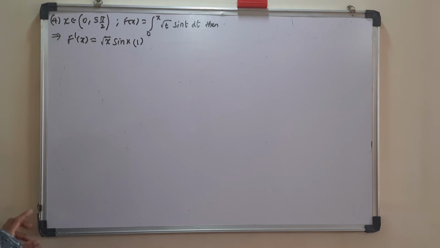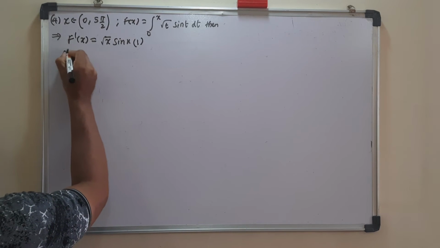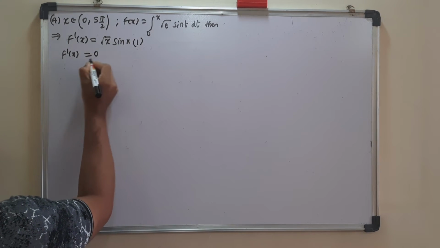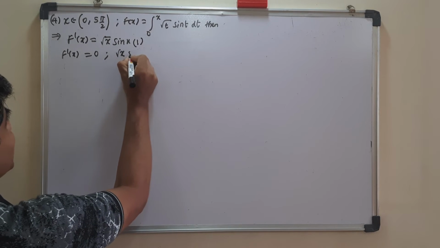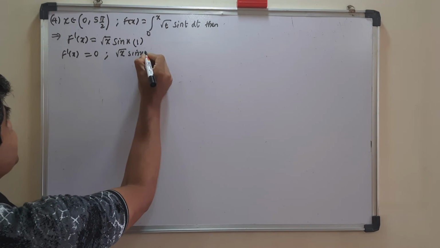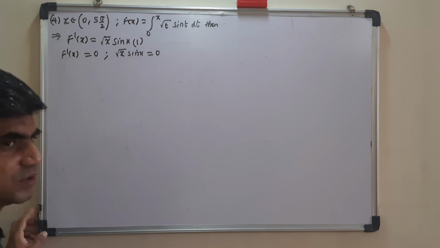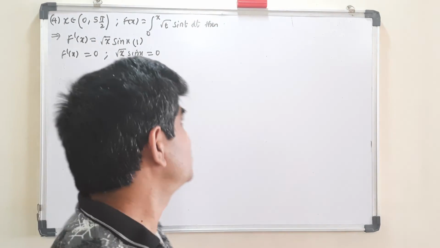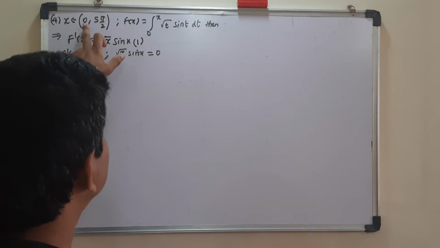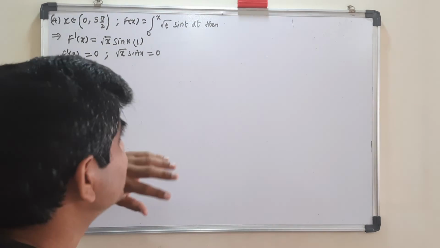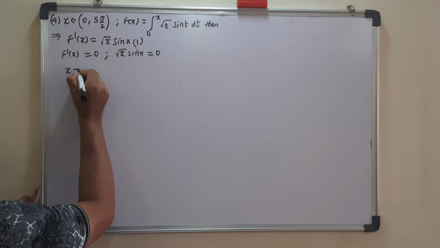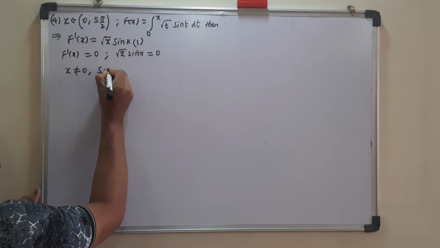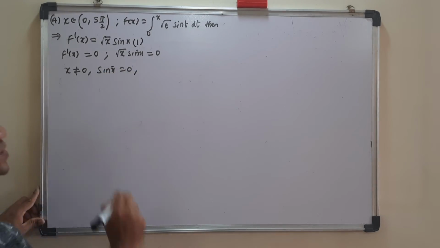So f dash x I got here, so f dash x is equal to 0, indicating root x into sin x is equal to 0. So x cannot be equal to 0 because x belongs to the open interval of 0 and pi by 2. So here x is not equal to 0, hence sin x will be equal to 0.